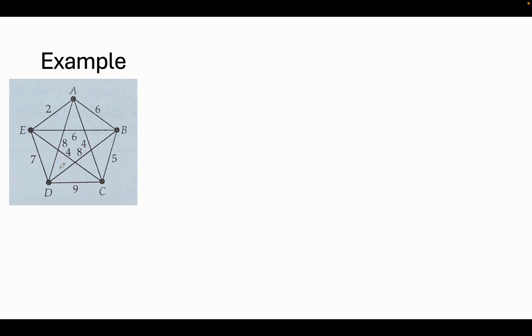We've got a 2 and everything else is bigger than 2. So first we draw A and E, that's weight 2. And then we have 2 options. The next smallest is weight 4, which is either AC or CE. At this point, I'm going to choose CE to break this tie, and in the next step, you'll do the other way, breaking the tie the other way.